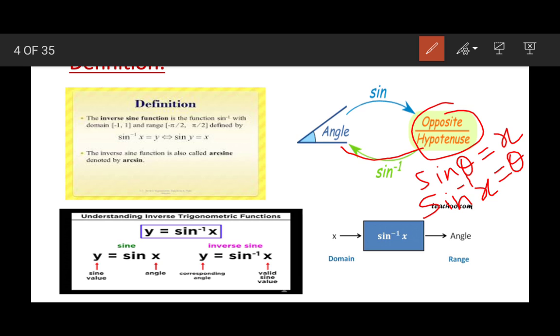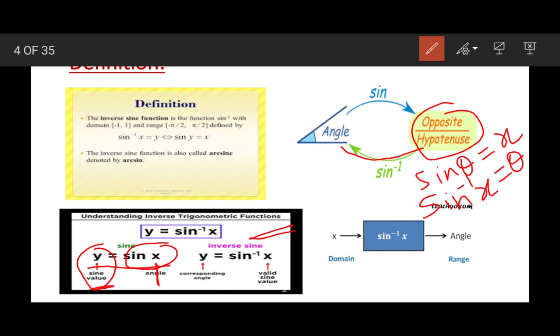See here, y is equal to sine inverse x. That means y is a sine value. Then sine x is what? An angle.